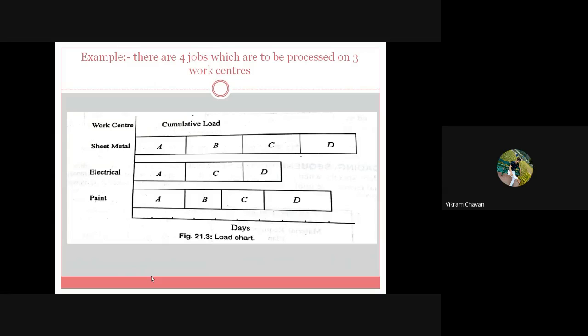I will finish the diagram. Shall we move ahead to the next point?